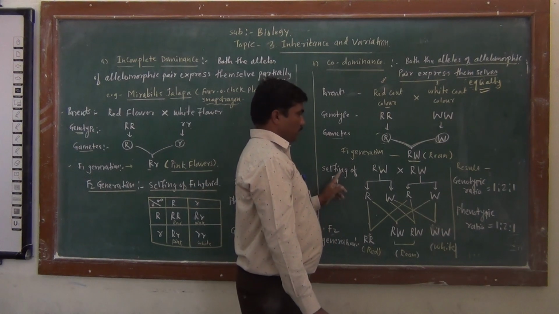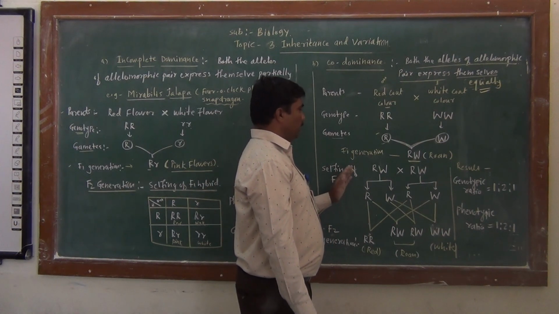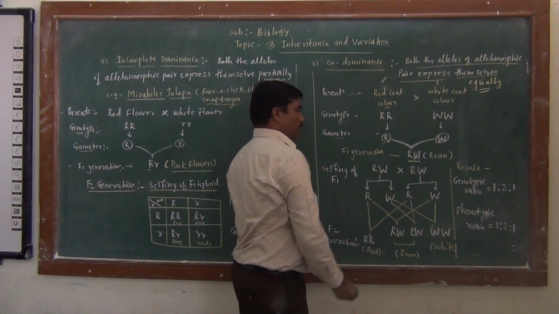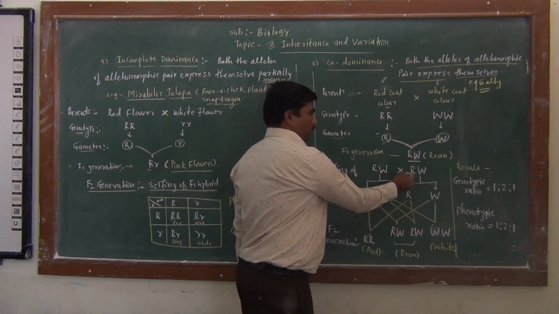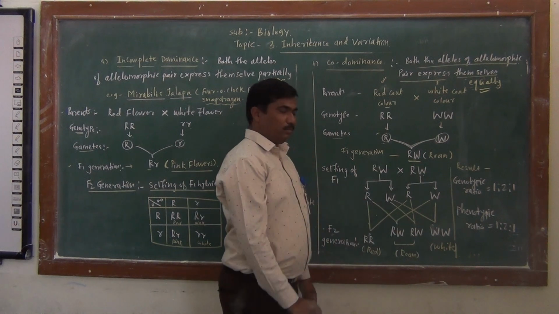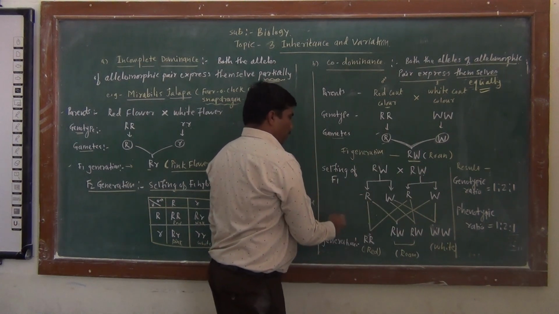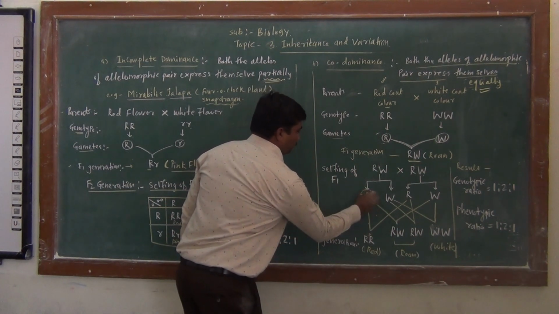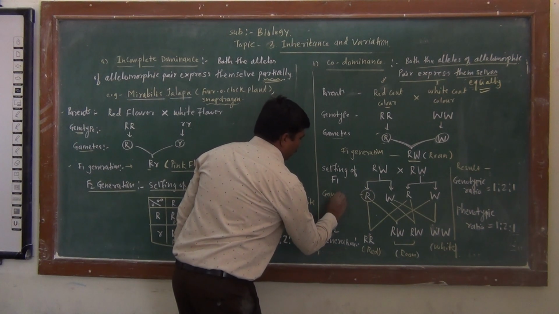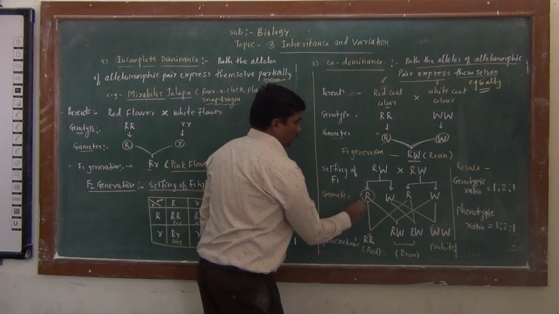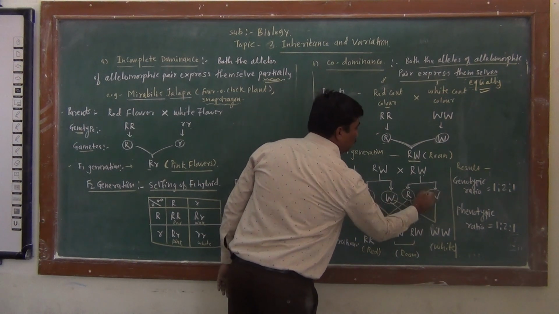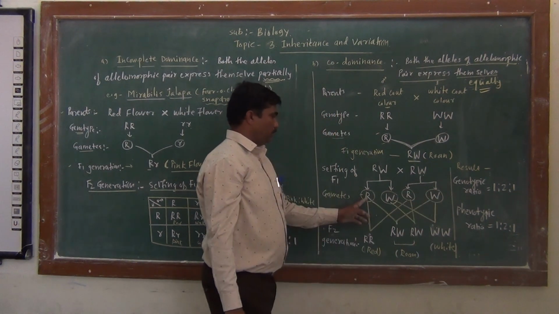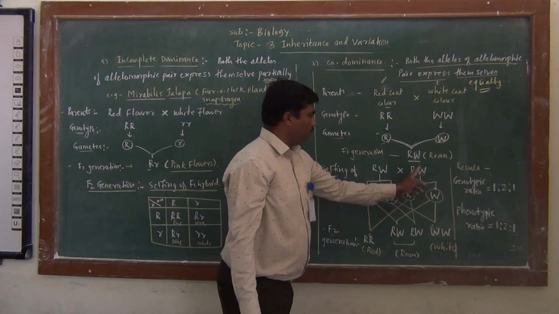So we get the F2 generation by selfing the F1 hybrid. We have to self this capital R, capital W with capital R, capital W. They cross and we get gametes. These gametes, capital R and capital W, are in the heterozygous condition, so they give two kinds of gametes.